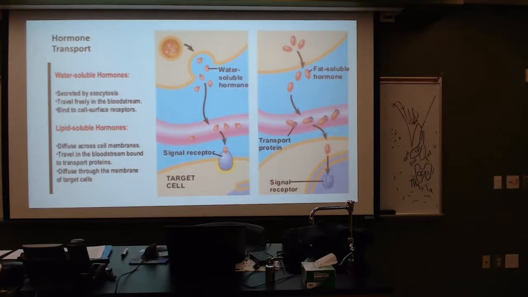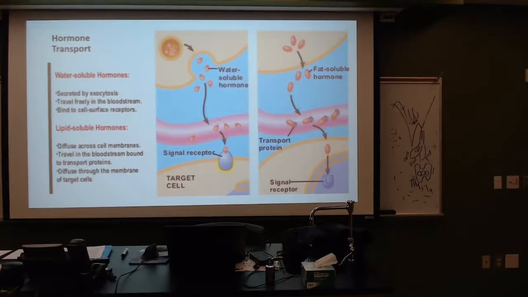It encounters that lipid bilayer. Do water and fats mix? No. So what do you see embedded into the plasma membrane for that water-soluble chemical?